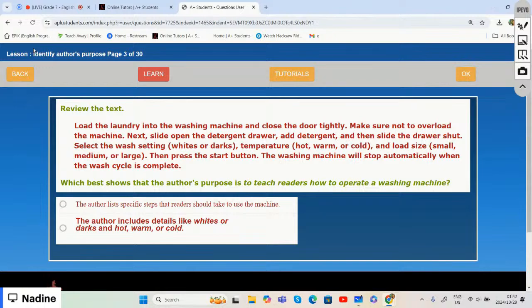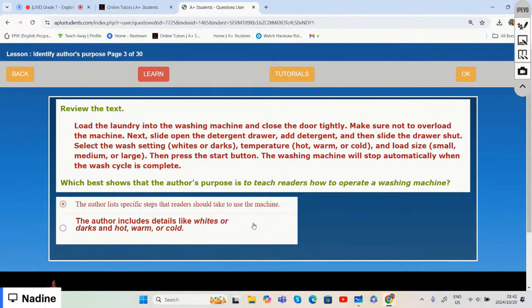And if we were to choose the correct option, the author's purpose is to teach readers how to operate a washing machine based on option one. The author lists specific steps that readers should take to use the washing machine, which means that if you've never used the washing machine, by just following the steps, you'll be able to know what to do.